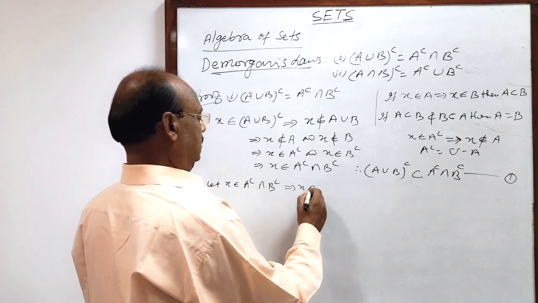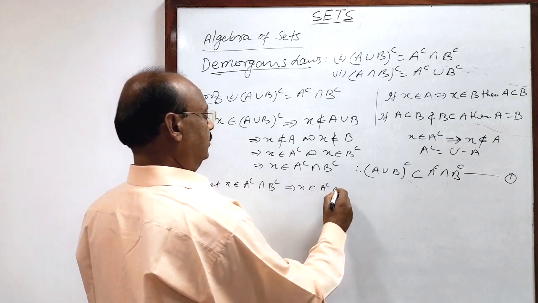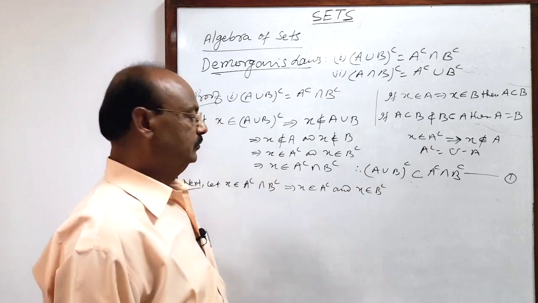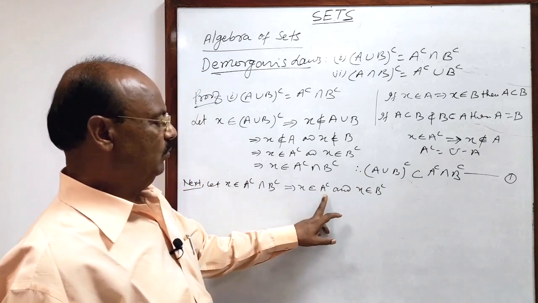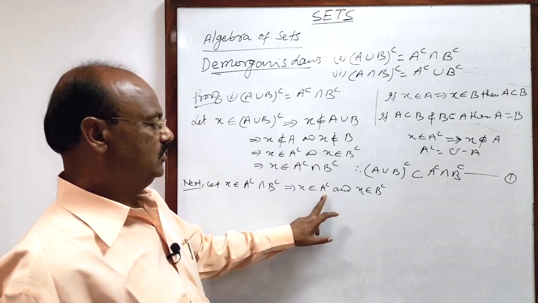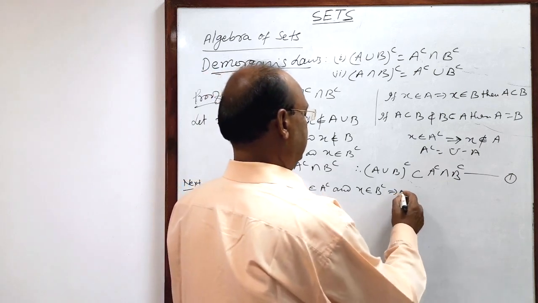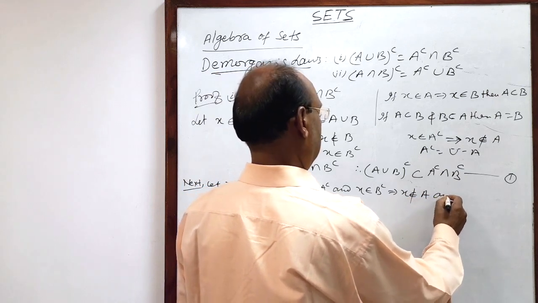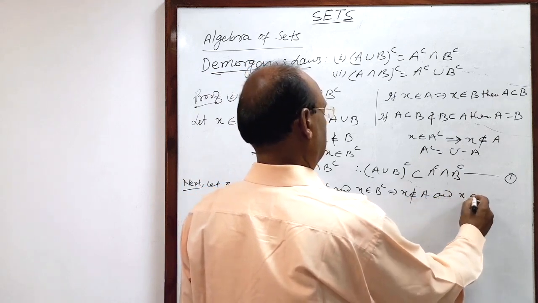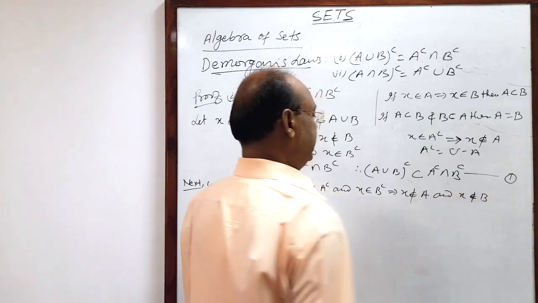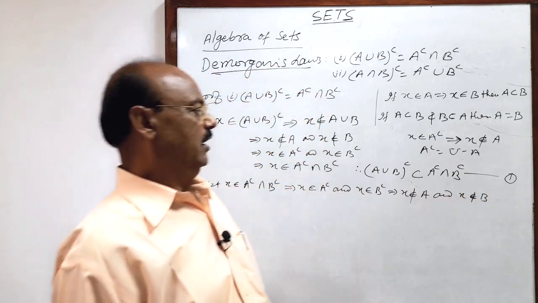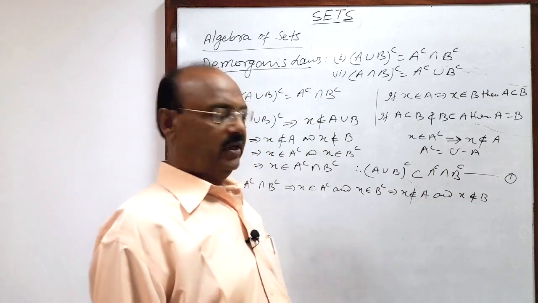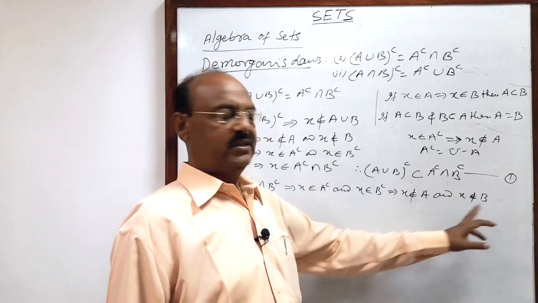So X belongs to A complement and X belongs to B complement. Now if X belongs to A complement, obviously X will not belong to set A. So this implies that X does not belong to set A and X does not belong to set B. Correct? If X does not belong to both the sets A and B, it means X will not belong to the union of these two sets A and B.